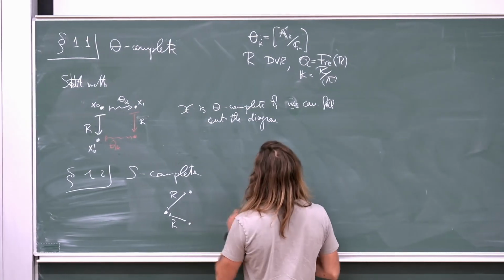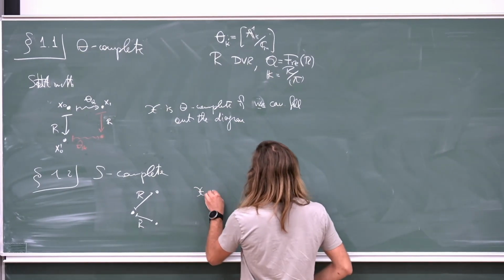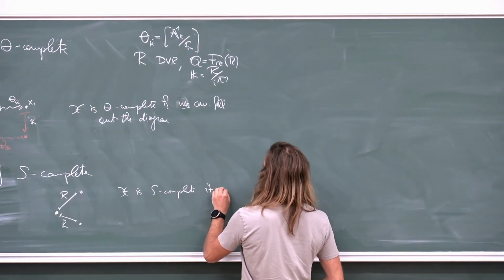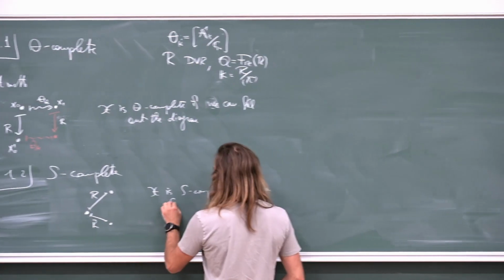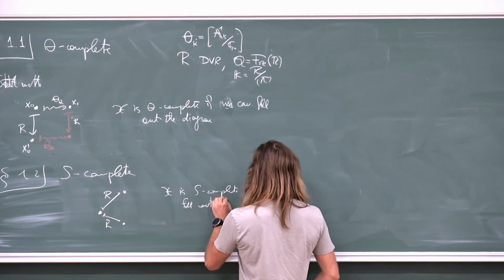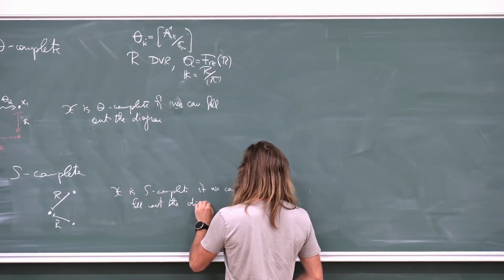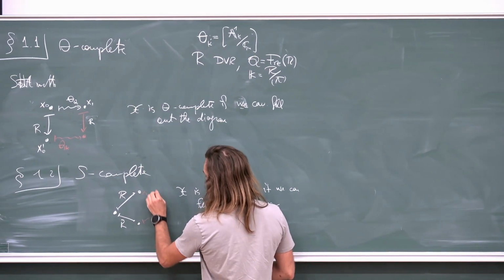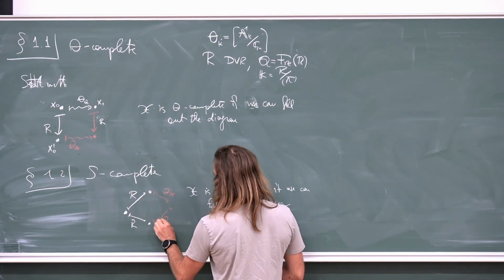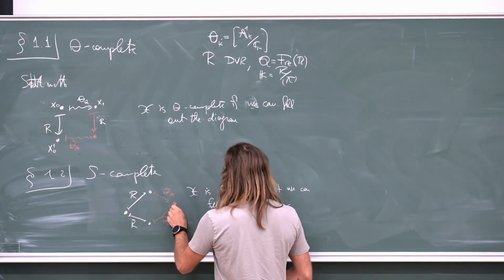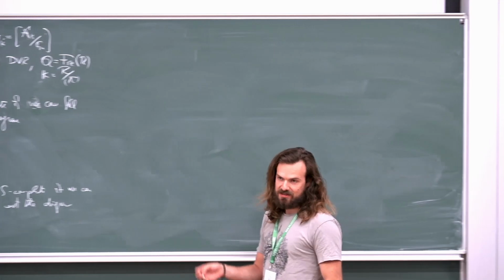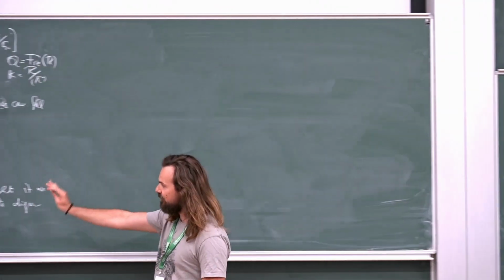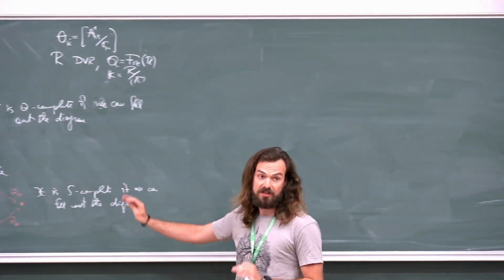But what you ask here, so X is S complete, if, again, we can fill out the diagram in the following way. So we can find the two theta degenerations to the same point. Again, this is not exactly what S-complete means. S-complete is way stronger than what I'm writing. But for a topological view and for what we will need for this talk, this is enough.